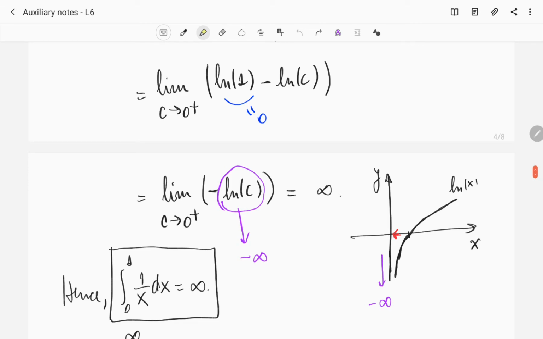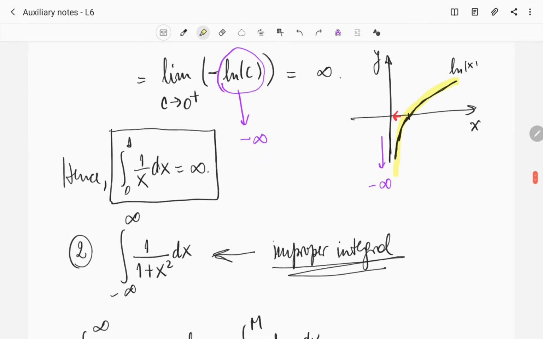And the logarithm of c goes to minus infinity, if you remember the graph of the logarithm function. And with this minus in front, what we get is just infinity. So this improper integral takes the value infinity. So we can say that it diverges, but it's not important to say if it converges or diverges, it's important to know how to compute them.